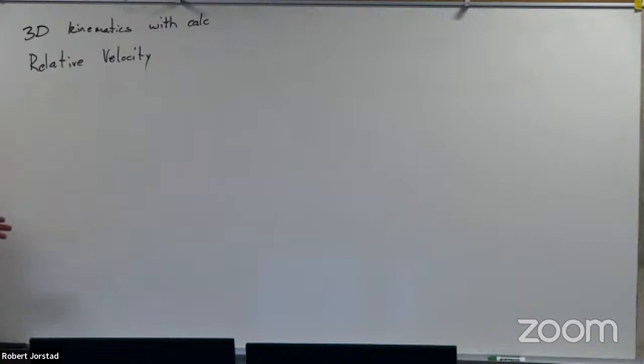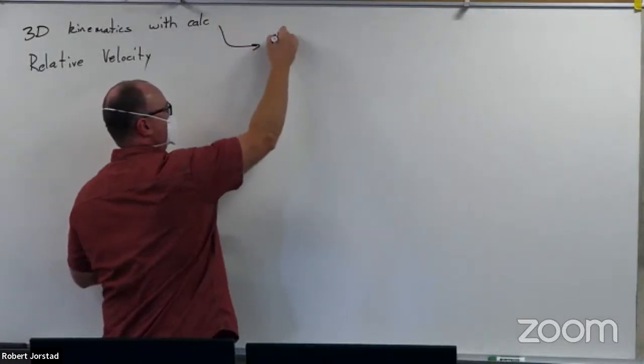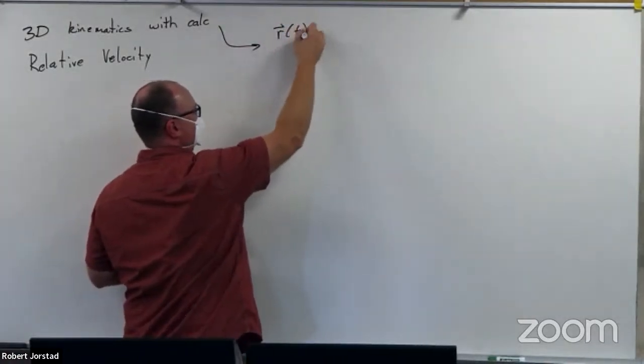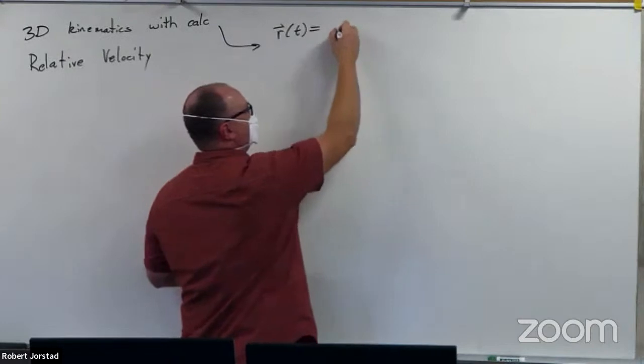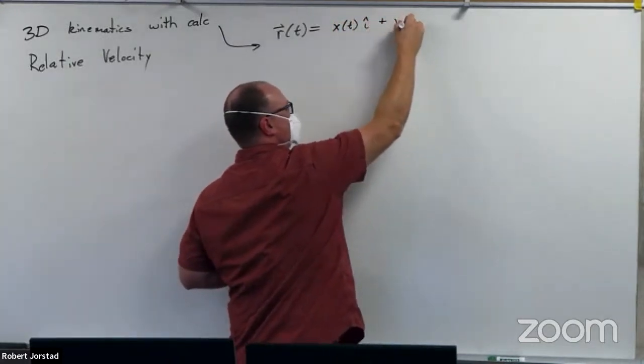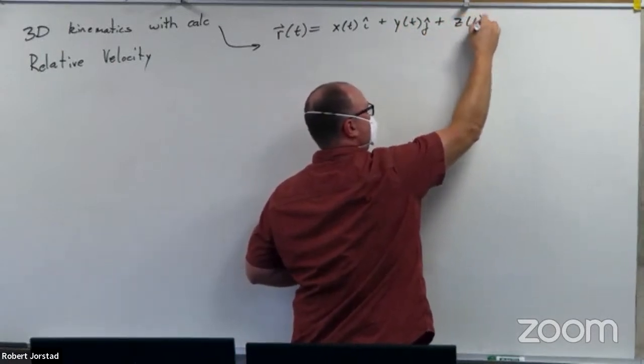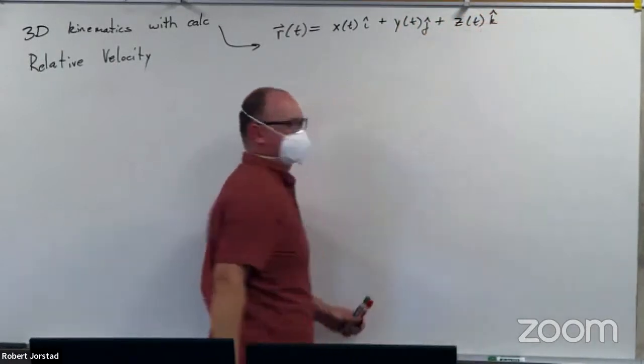3D kinematics, meaning we're going to talk about stuff like, let's say you have a position function as a function of time, some x of t in the i hat plus y of t in the j hat plus z of t in the k hat. That's one of the types of problems.